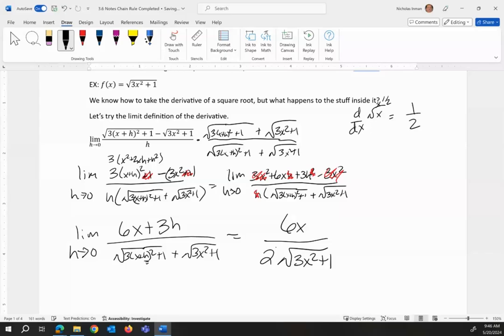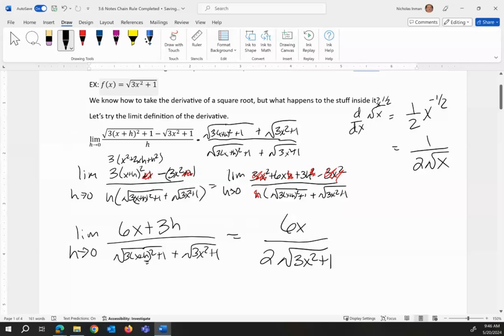So that derivative is 1/2 x to the negative 1/2, aka 1 over 2 square root of x. So what I see here is that I have the 2 and the square root of my thing. This part stayed the same, it just became a 2 on the bottom. Now on the top, instead of a 1, I have a 6x.